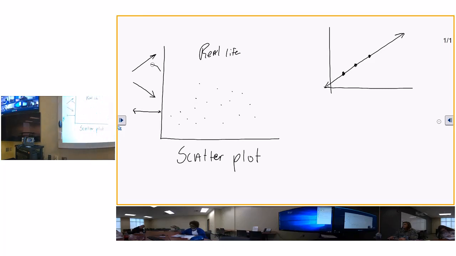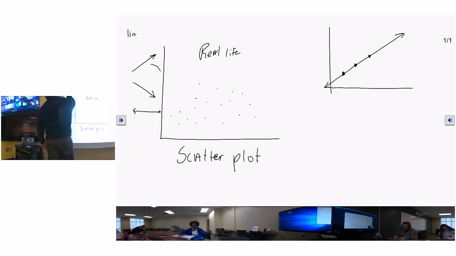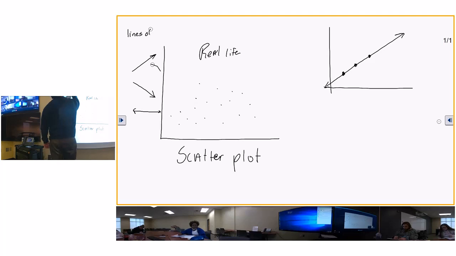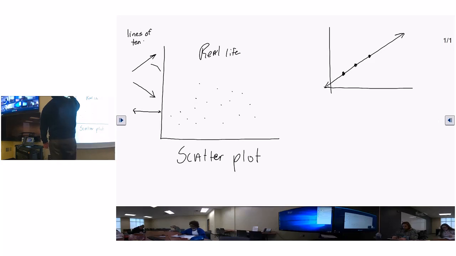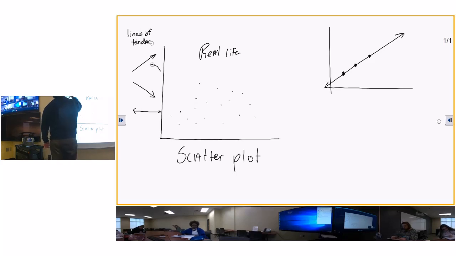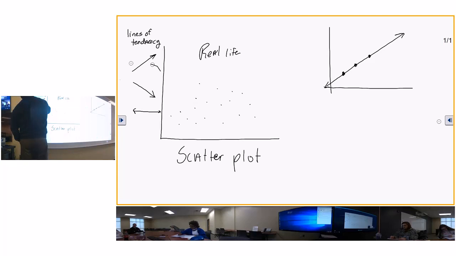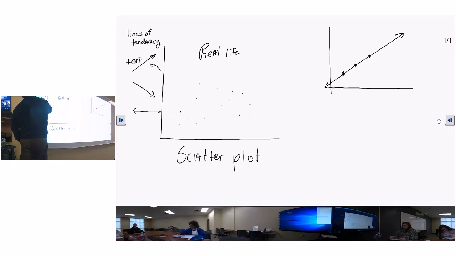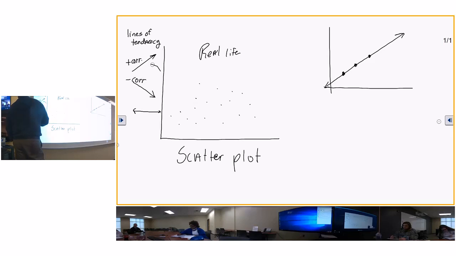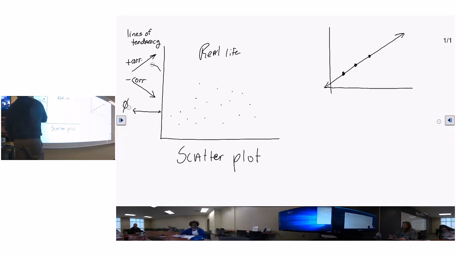And that's called lines of tendency. This is a positive correlation. This is a negative correlation. And this is zero correlation.